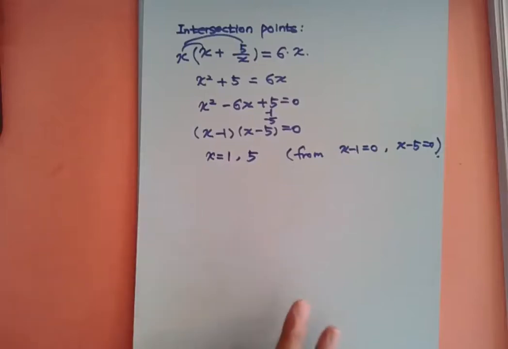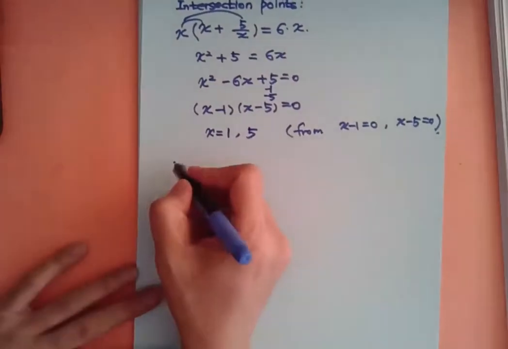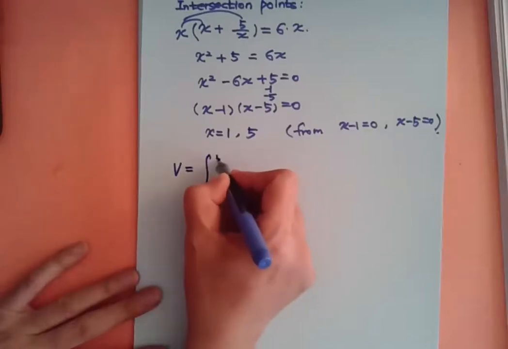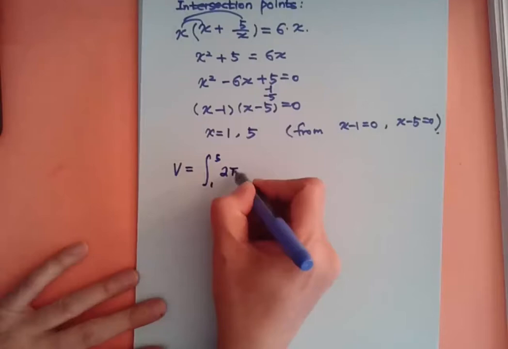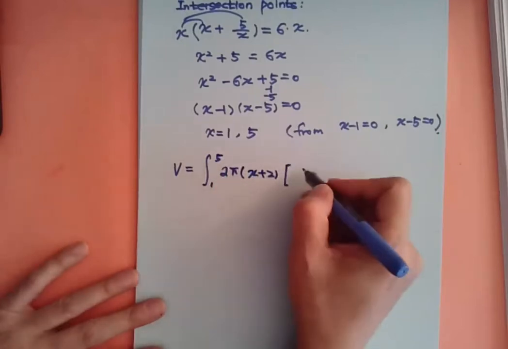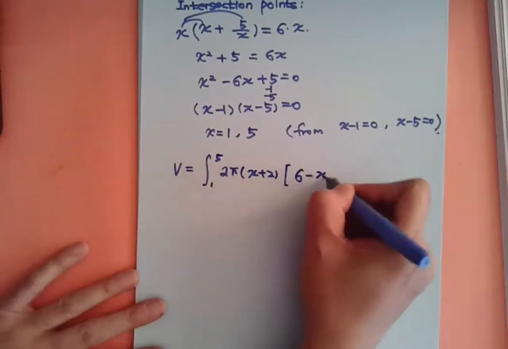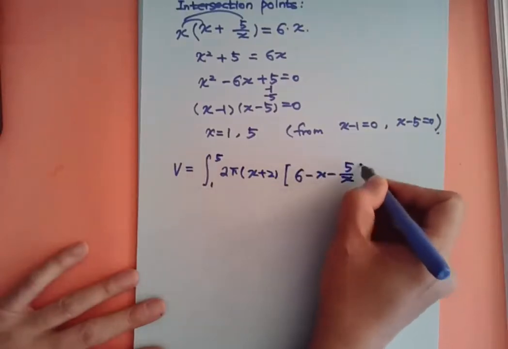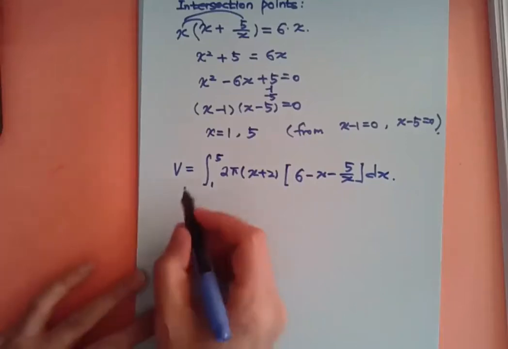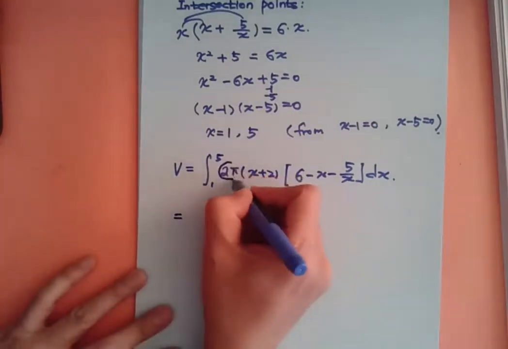Now we are well set to figure out the volume. Volume is, from x range 1 to 5, 2 pi times r, which is x plus 2, times height, which was 6 minus x minus 5 over x, dx. Let's pull this out.